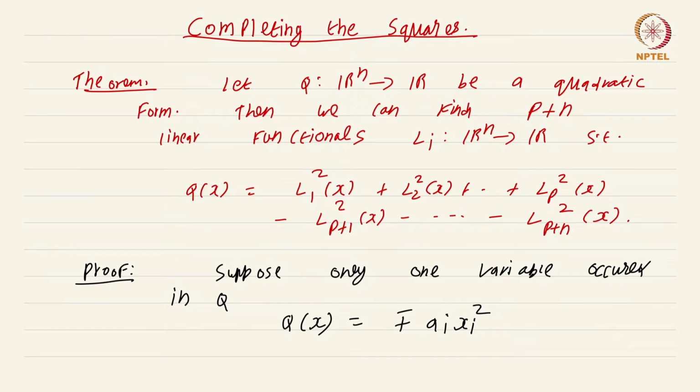It's got to be a square because it's a quadratic form and there's a constant plus or minus ai. Now the fact that this is a sum of squares is rather obvious.